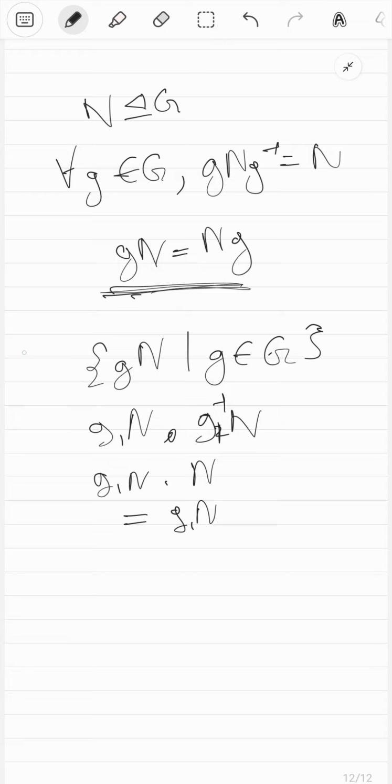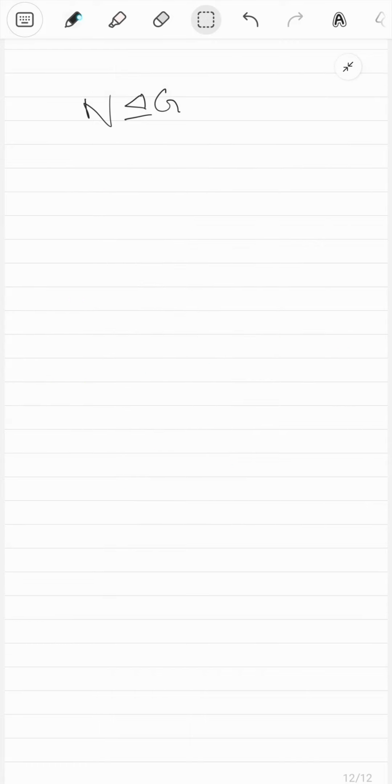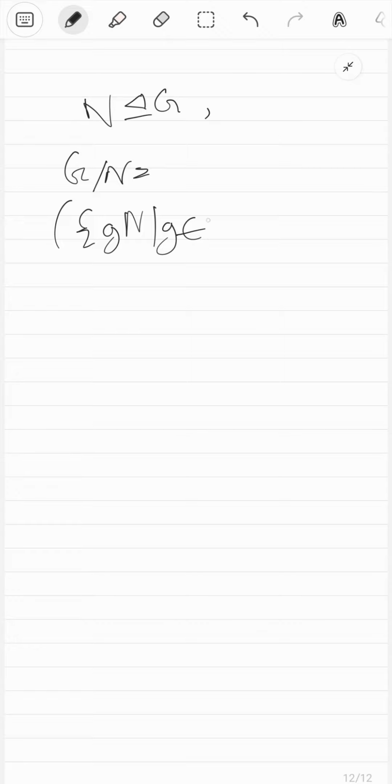So let's call this set, armed with multiplication of sets in the way that we defined it, G by N. This is called the quotient group of G and N, where N is a normal subgroup of capital G. So if I had to rewrite this whole thing, what I should be saying is that for any normal subgroup of G, the quotient group is defined as the set of all cosets of the normal subgroup in G, armed with multiplication as the operation.